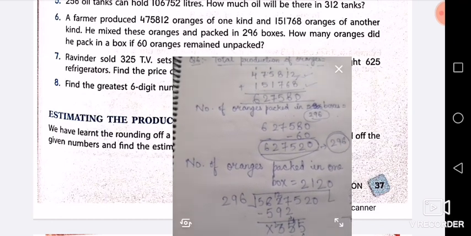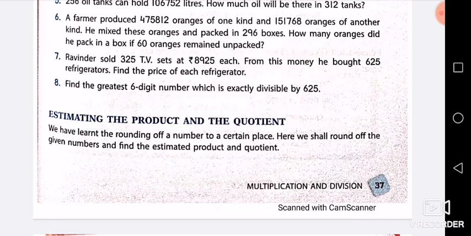Okay, so let's move to the next question now. Question number 7 I am telling you now. Ravindra sold 325 TV sets at rupees 8,925 each.